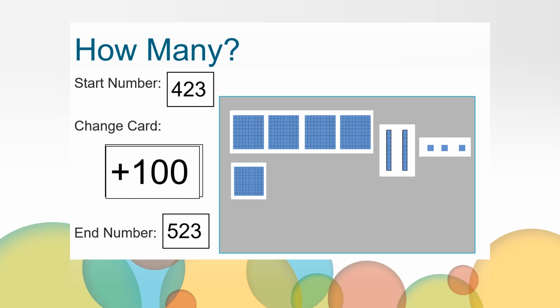But notice that the 2 and the 3 stayed the same. Our number of tens rods didn't change, so we kept the 2. The number of ones cubes didn't change either, so the 3 stayed the same. Our end number was 523.